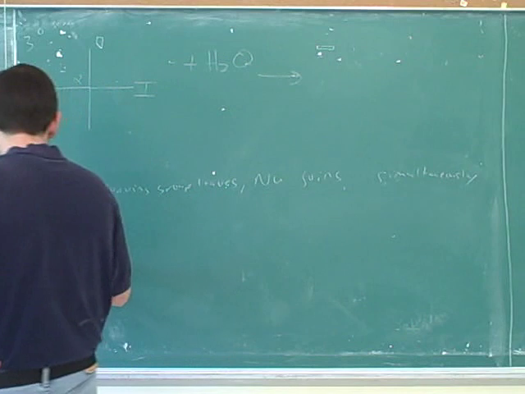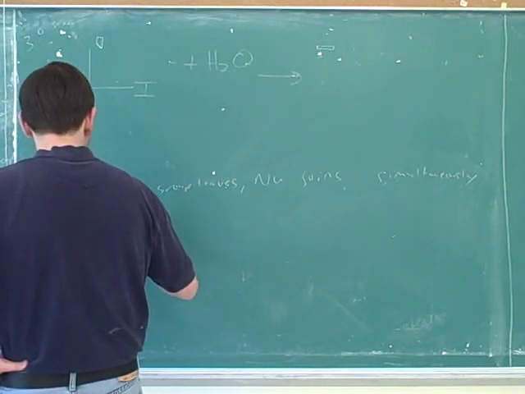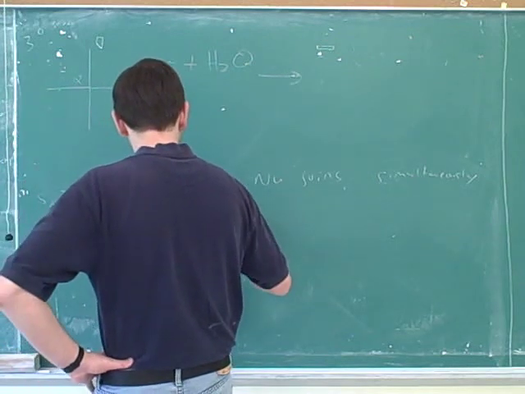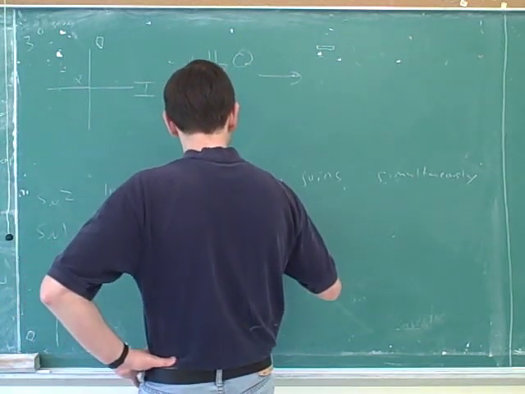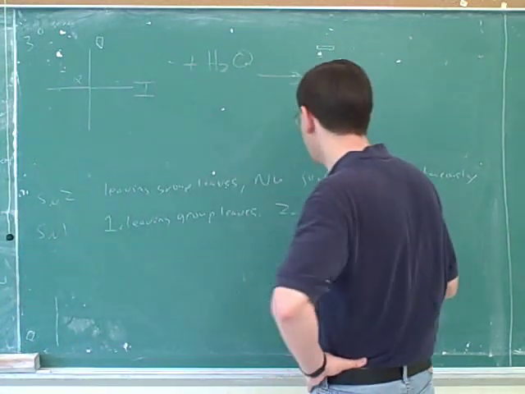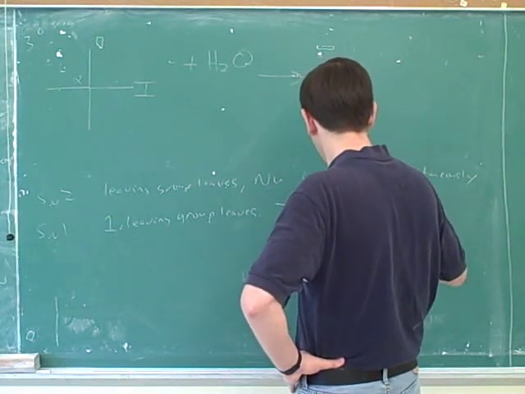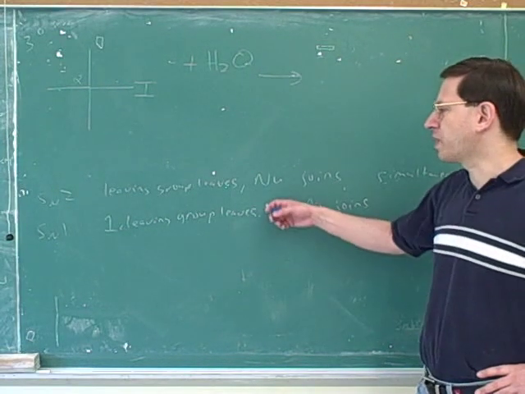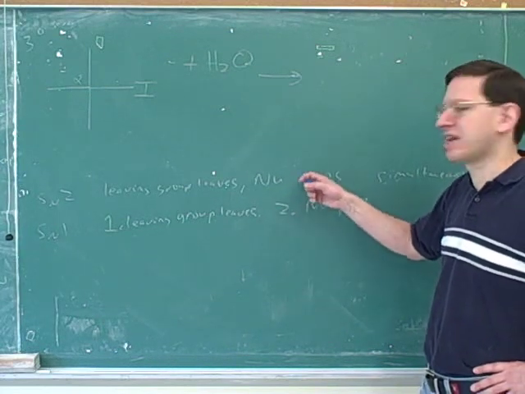Whereas in an SN1, first, the leaving group leaves, and then second, separately, the nucleophile joins. The important thing to see is that these are the same precise things that happen in an SN2. It's just that in an SN1 they happen sequentially, and in an SN2 they happen simultaneously.